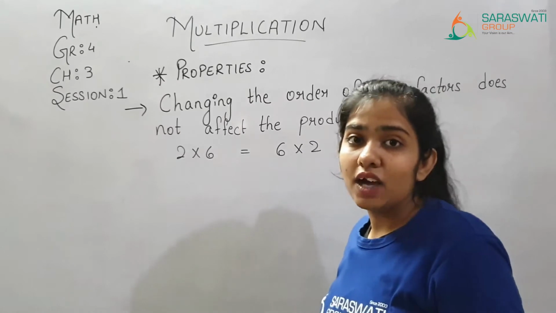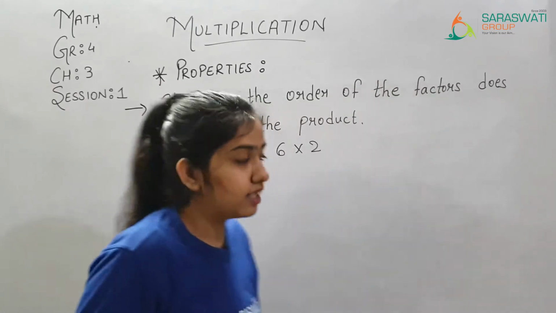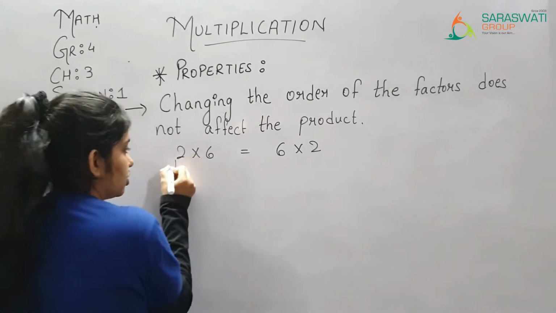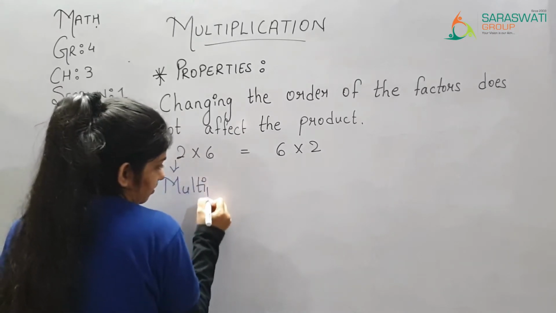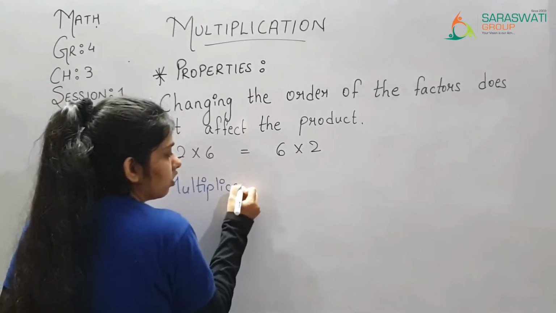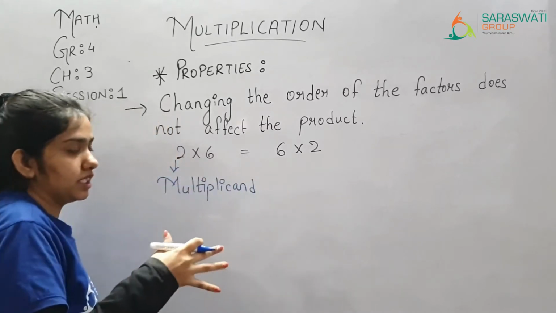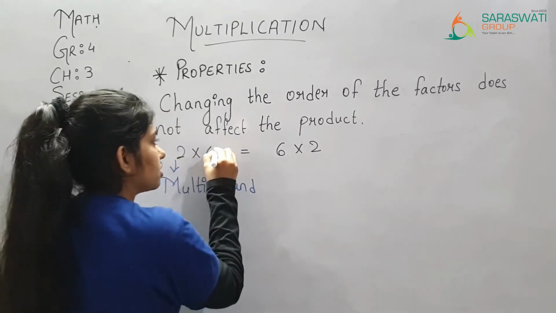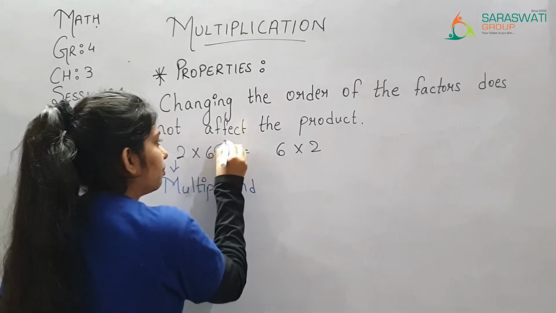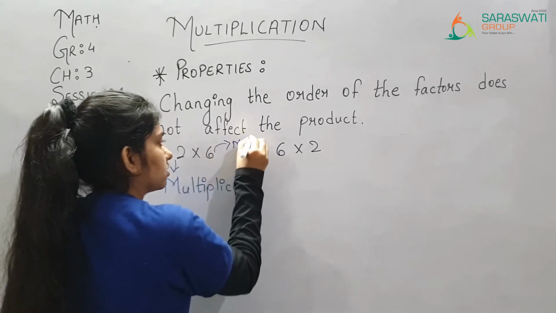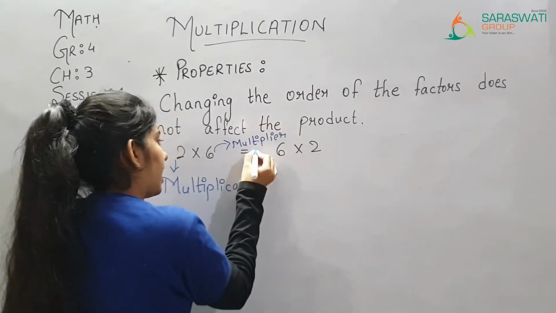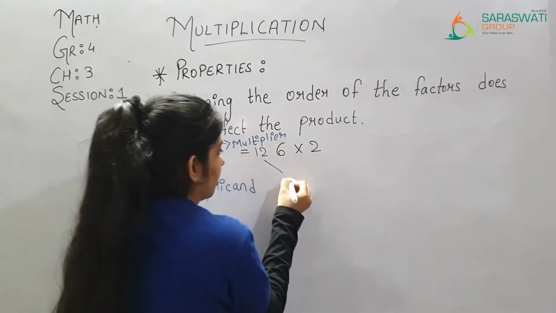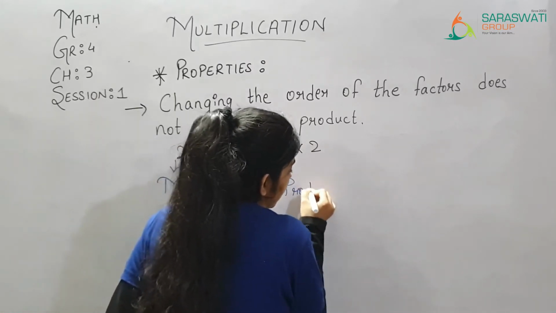Right? Now the first digit is called the multiplicand. Then this digit is called the multiplier. And the answer, the 12 which comes, is known as the product.